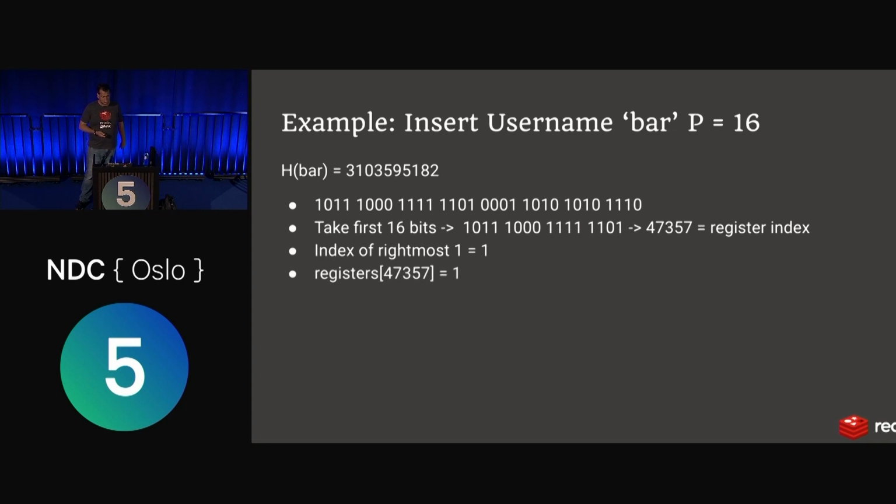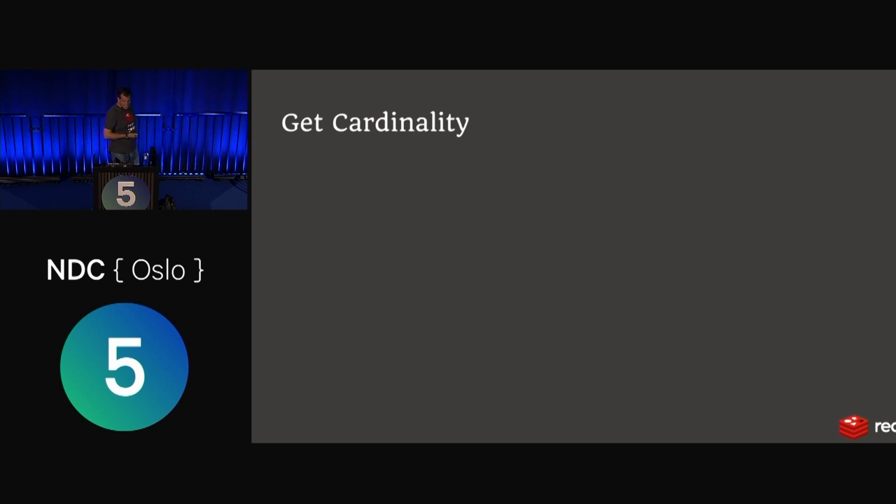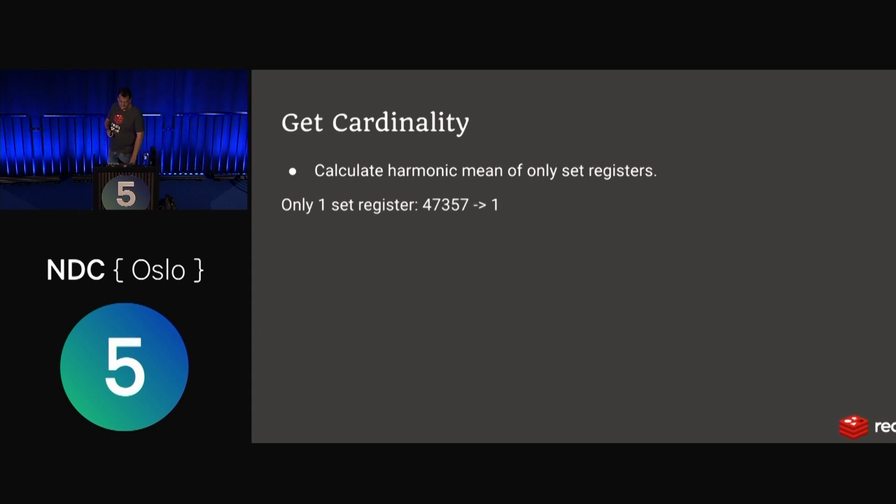So registers[47,357] equals 1. Now to get the cardinality, and this is where it gets really funky, you calculate the harmonic mean of only the set registers. There's only one set register. That's calculating the harmonic mean and multiplying it by that constant, which is 0.673 for p equals 16. You compute all that, and then you call a ceiling function on that, and your result is 1, which is the answer. I mean, that's all we inserted, right? So we get 1.